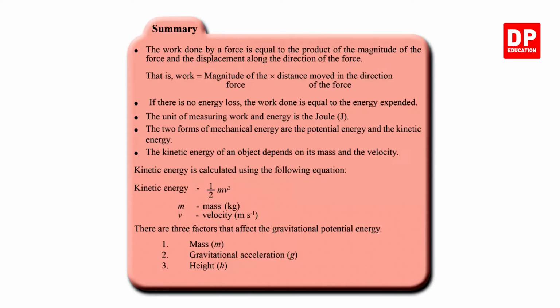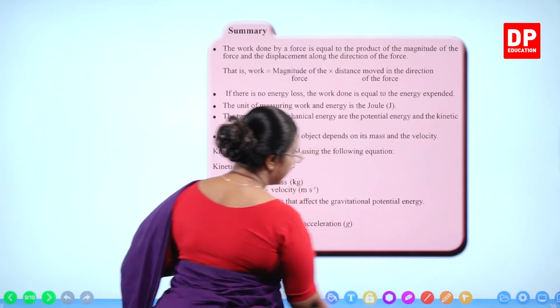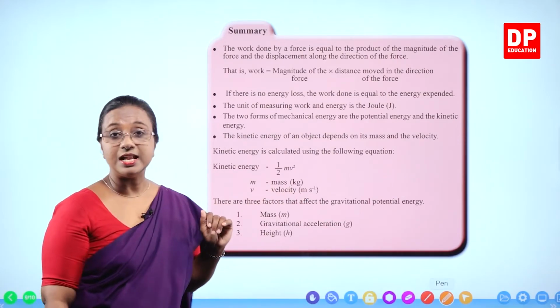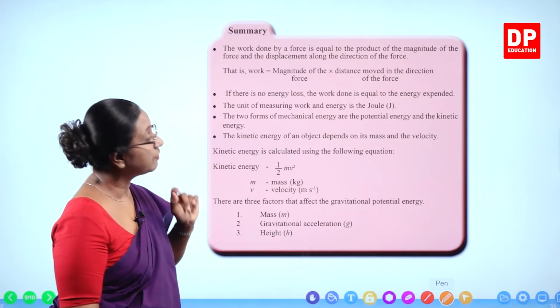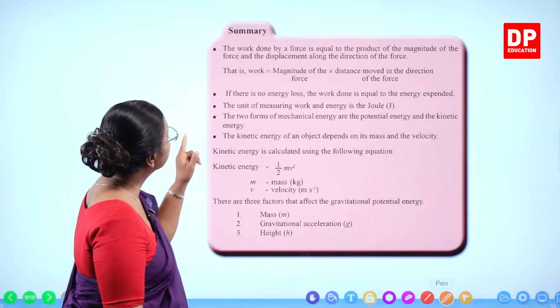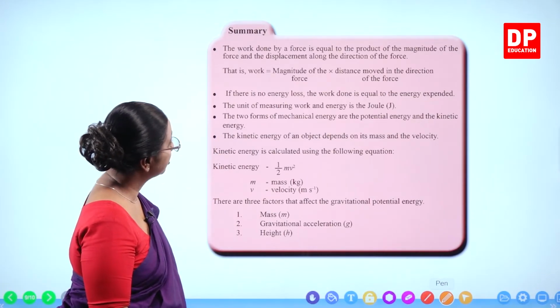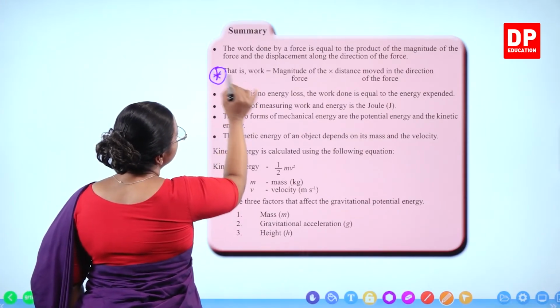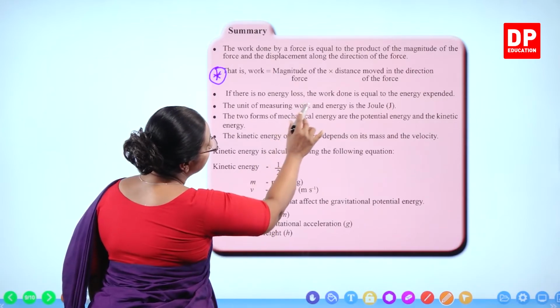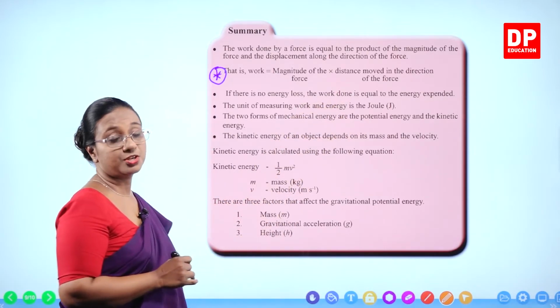Summary. The work done by a force is equal to the product of the magnitude of the force and the displacement along the direction of the force. So this is the equation that we used. Here it is given to you, magnitude of the force into distance moved in the direction of the force.